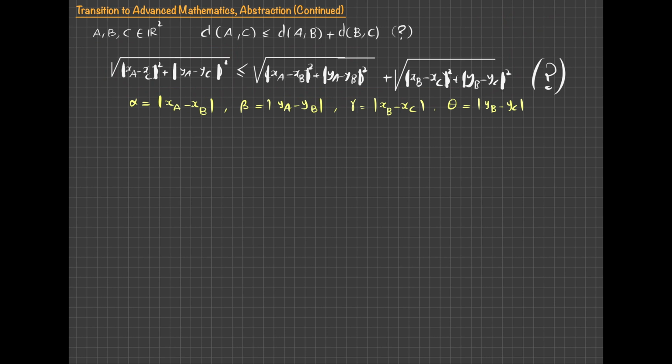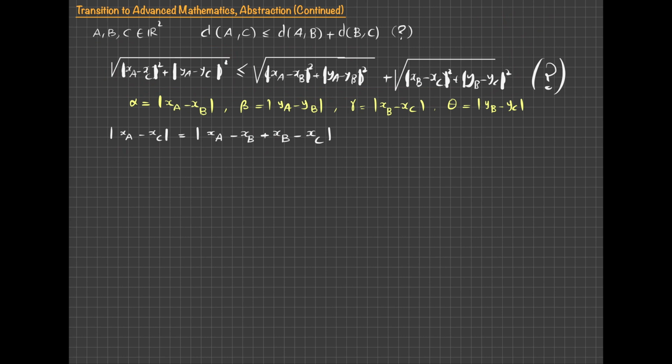Okay, but one more thing I want you to know: what can I write for this expression? The absolute value of x sub a minus x sub c can be written as the absolute value of x sub a minus x sub b plus x sub b minus x sub c. I have done nothing: I have taken this away, but I have also added it, so I have the same thing.